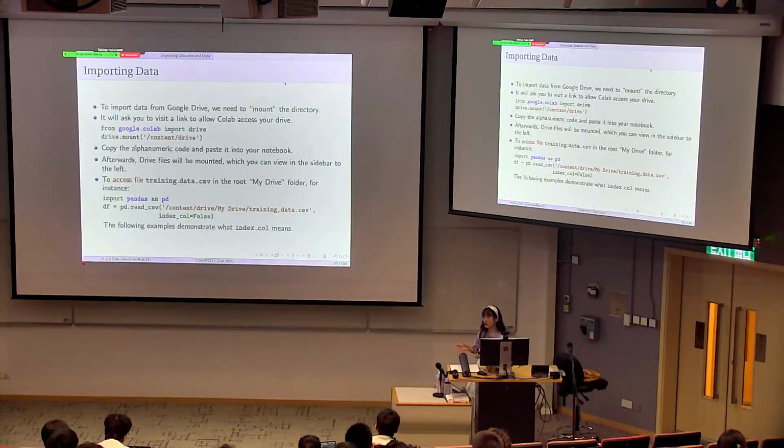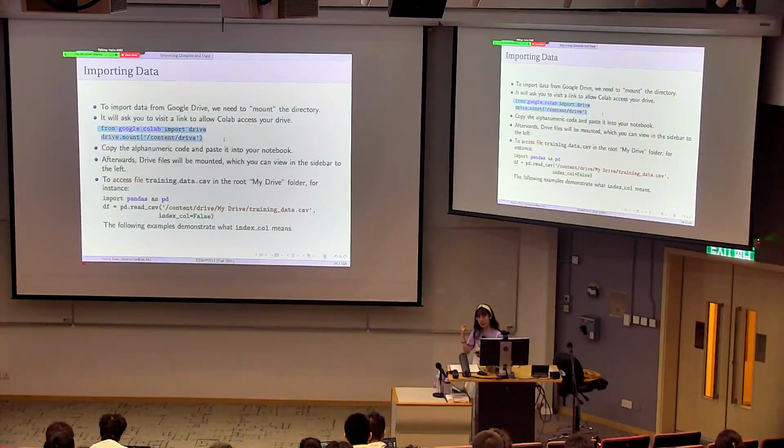But now assume we're already in Google Colab, and we want to mount our Google Drive directory because we want to use some data we already stored there. Then we can run this line of code: from google.colab import drive, then drive.mount and go to this directory. This is the main directory in your Google Drive.